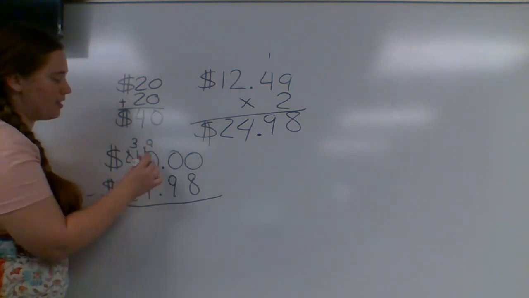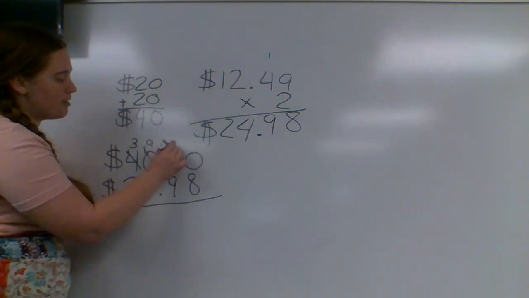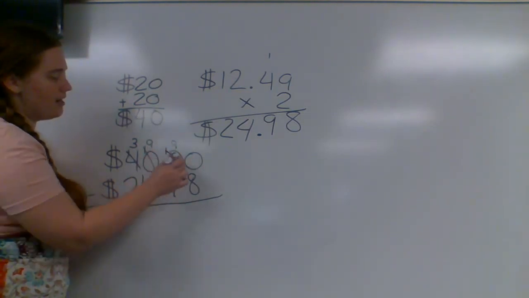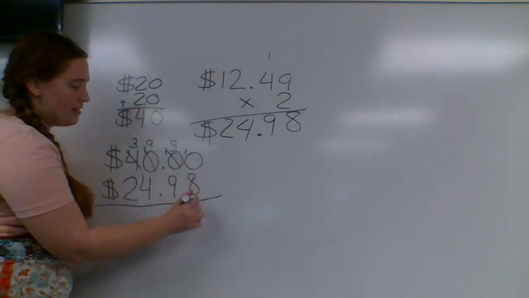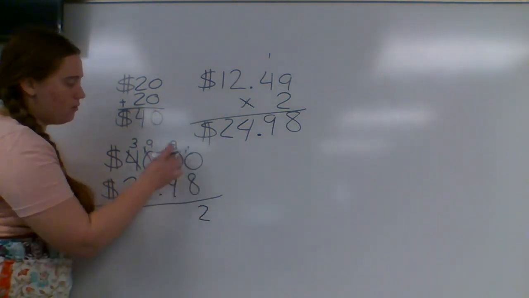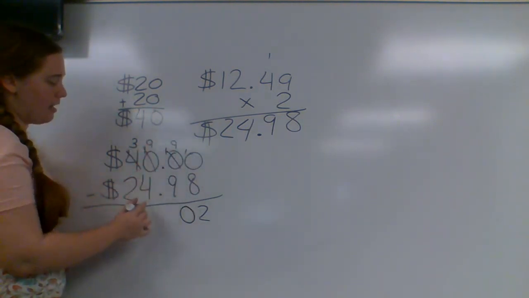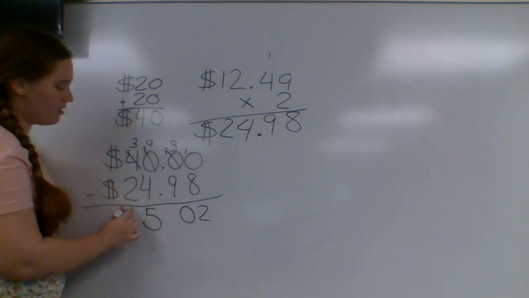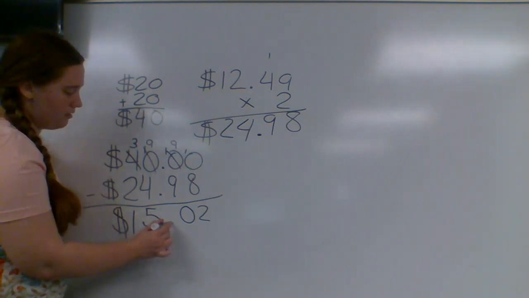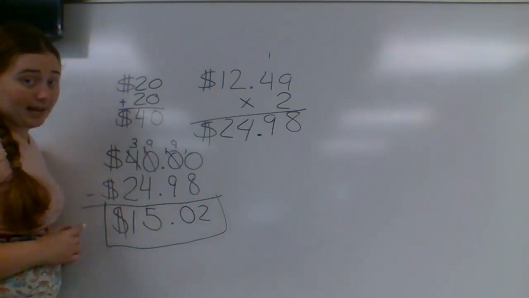This 10 is going to become 9, which is going to make this 0 become a 10, but this 0 needs to borrow from this, so this 10 is going to become a 9, and this 0 is going to become 10. 10 minus 8 is 2. 9 minus 9 is 0. 9 minus 4 is 5. And 3 minus 2 is 1. And this is how much change Dad got back.